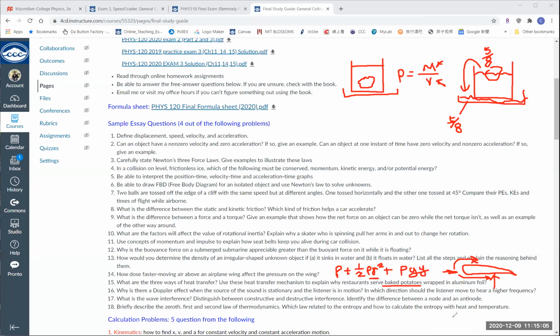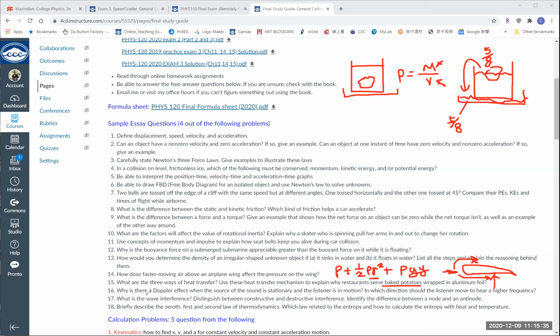But in this case, the baked potato, we don't wrap it with wood. We wrap it with aluminum foil, so it's not going to help you prevent the conduction loss. Conduction loss is when you touch that object, or you have some other object connected with it. So in this case, conduction is not the main thing we use to prevent the heat loss.